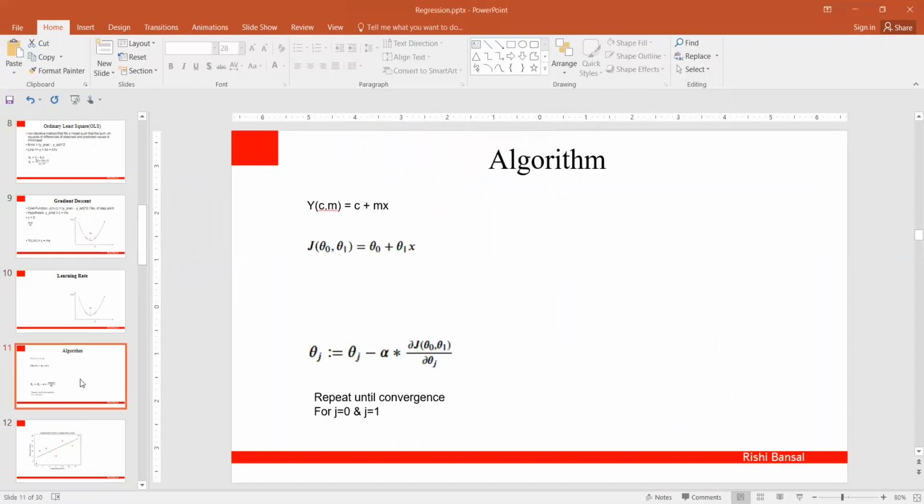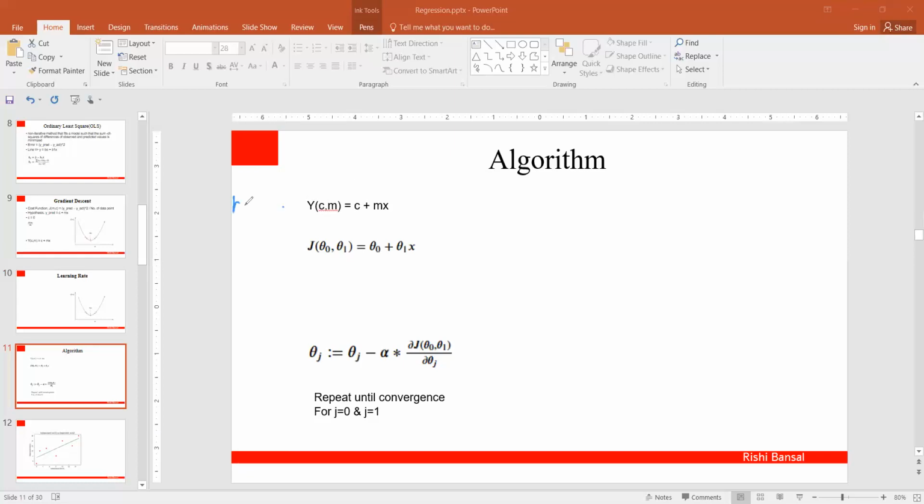Okay, so this is the algorithm, the algorithm of gradient descent.